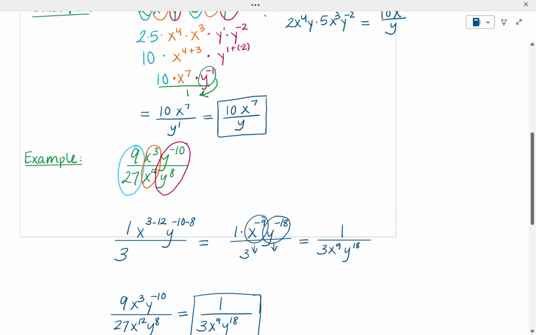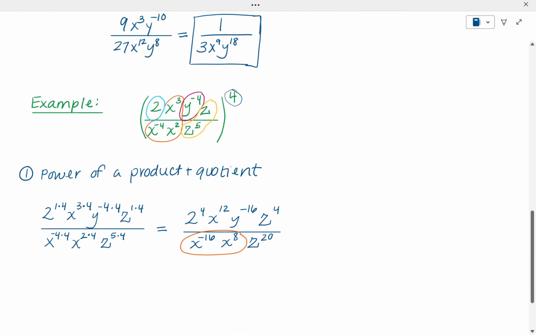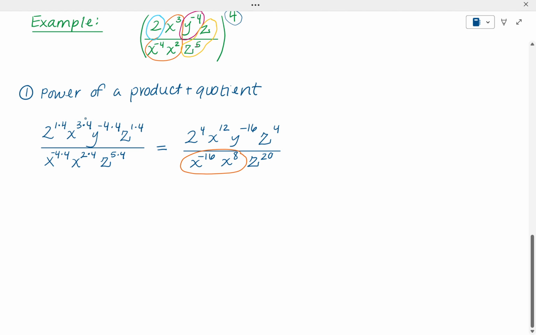So we can do this by using the product rule. So when we have x to the negative 16 times x to the 8th power, when they're multiplying, we can add the exponents together. So this equals 2 to the 4th, and 2 to the 4th power is 16.